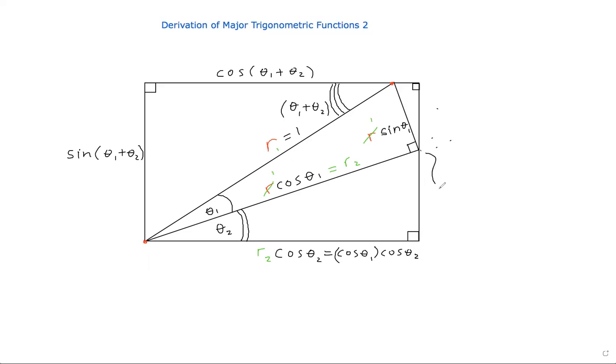And we do the same thing for this side. So we'll say r sub 2 times the sine of theta 2. And then we substitute again for r sub 2: cosine of theta 1 times the sine of theta 2. All right, about halfway there.